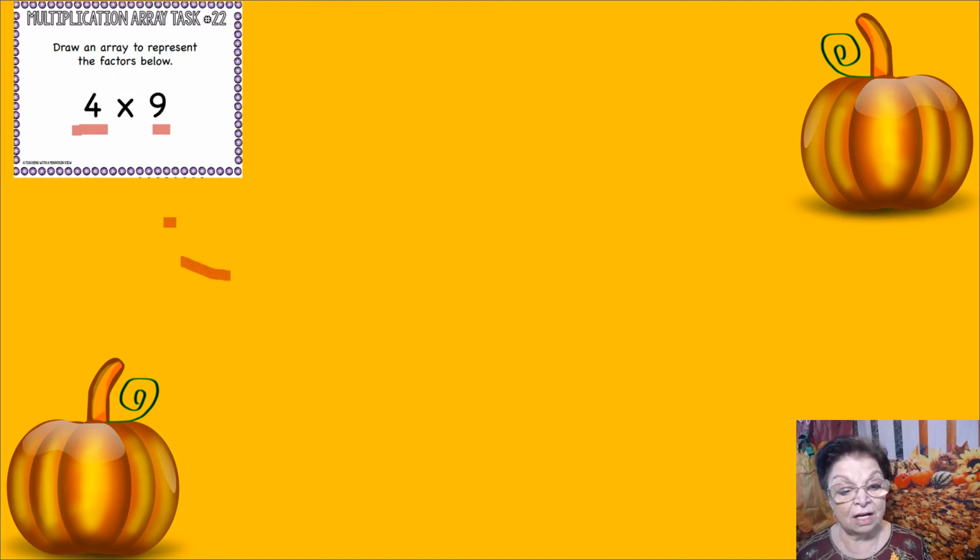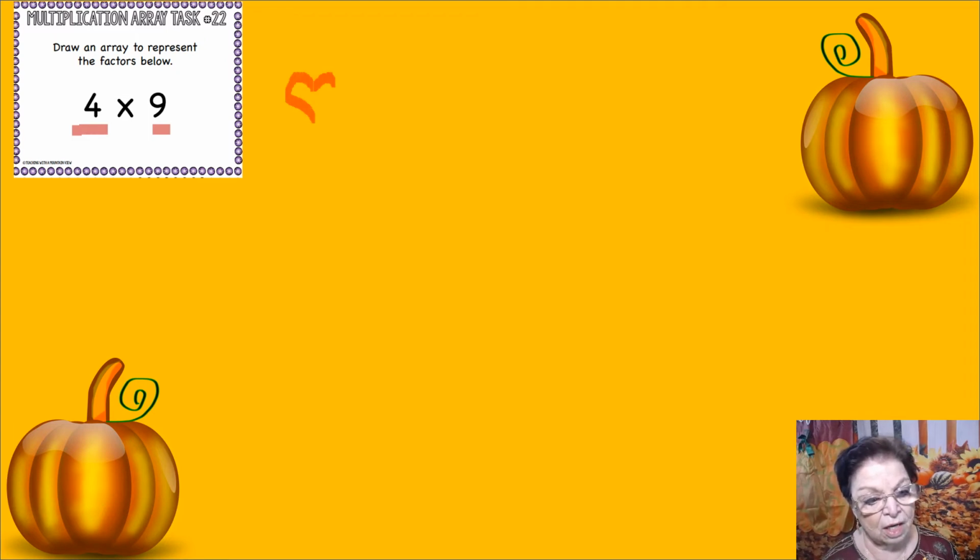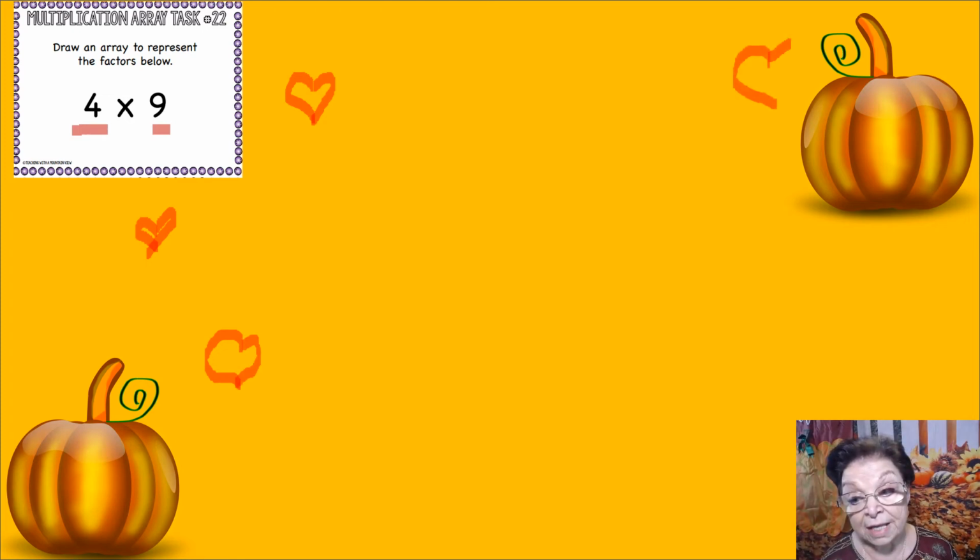I'm going to draw hearts, I think. Let me erase all of this, just a minute. I think that today I will draw hearts. I'm going to have to draw a lot of hearts, but okay, so if I had hearts scattered all over this page, and somebody said, okay, Miss Lansford, you need to count all those hearts.